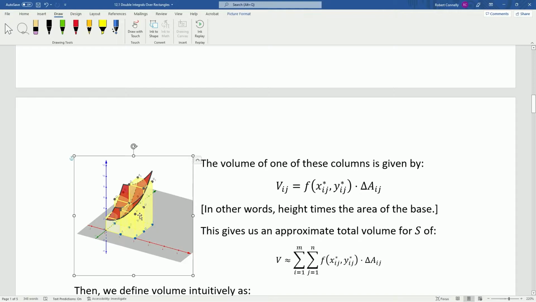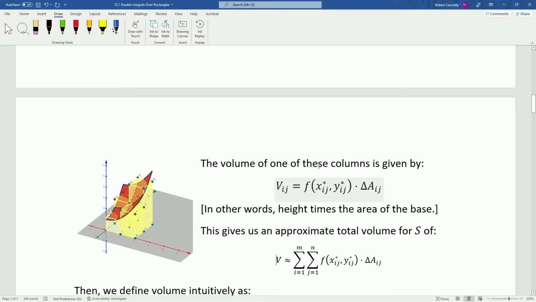Now this one is not a 3D model, just a regular picture. What we've done here is taken a curve in three-dimensional space and divided up the region it was lying over into 4 separate pieces. Of those 4 pieces, we took each one and made a rectangular prism that approximated the volume under the curve there.